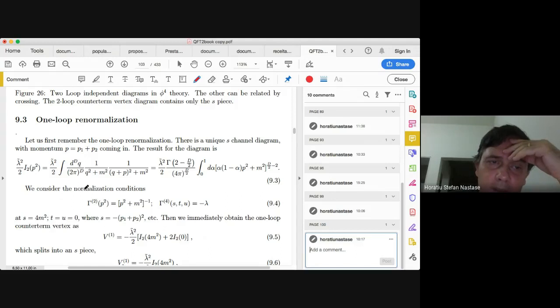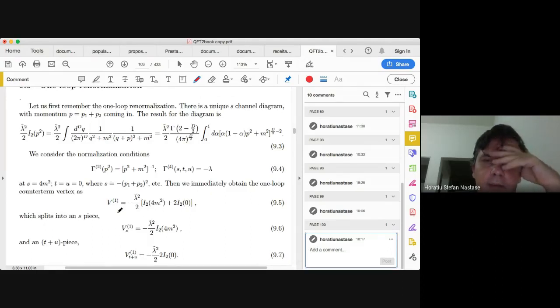So the normalization condition is given at S, the incoming energy squared, equal to 4m squared, and T equal to U equal to 0. And I define S as (P1 plus P2) squared with a minus in front. Well, the minus or plus is a matter of convention.